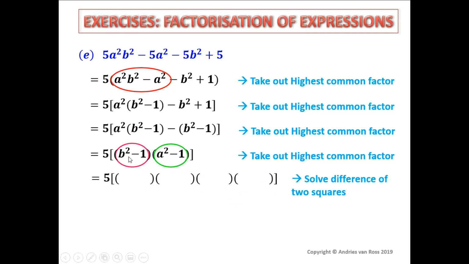So b squared minus 1, how do we factorize that? It will be b plus 1 and b minus 1, because it's the square root of each of those two terms, one with a plus and one with a minus. You see that? And the same with a squared minus 1. It will be the square root of a squared and the square root of 1 in both brackets, with a plus and a minus in the two brackets.